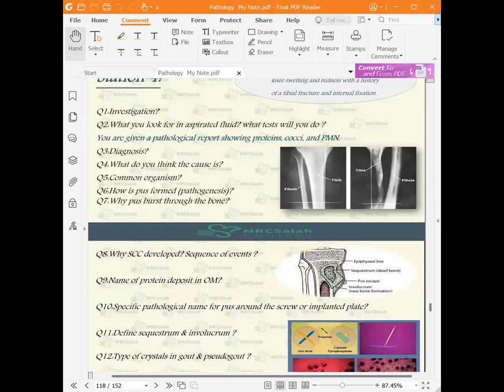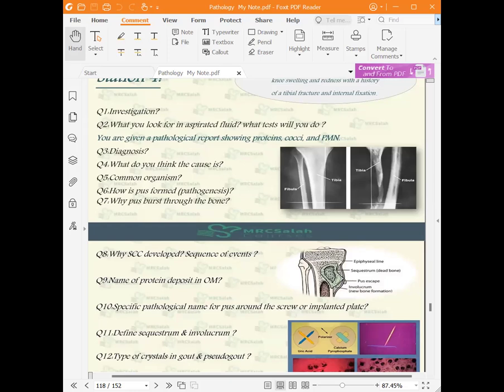What do you think the cause is? The patient underwent internal fixation and now presented with these symptoms, so it is due to implant infection. Okay. What is the common organism? The common organism is Staphylococcus aureus.